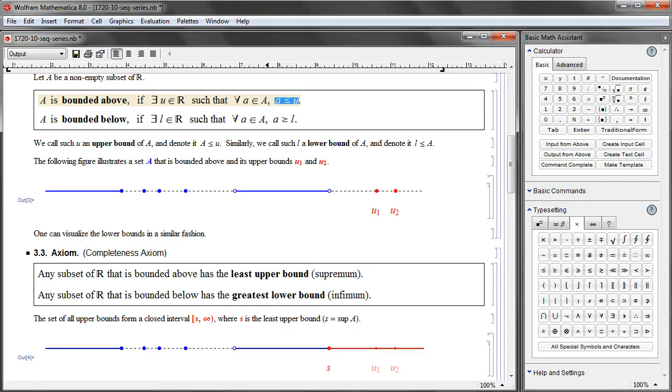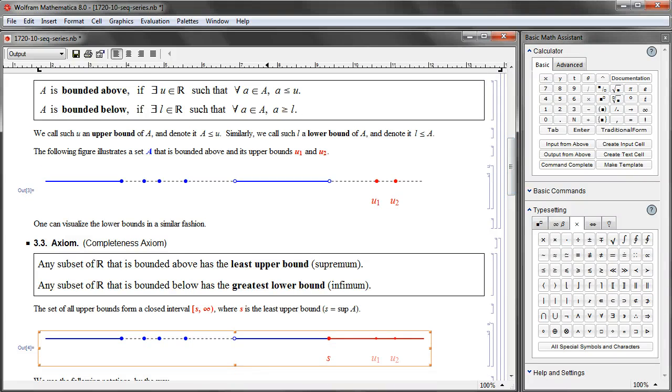So the smallest element for upper bounds always exists. And that is s in this particular example here. And the least upper bound is often referred to as supremum. And the greatest lower bound is often called infimum. Excuse me, did I say they always exist? I take it back. Excuse me.